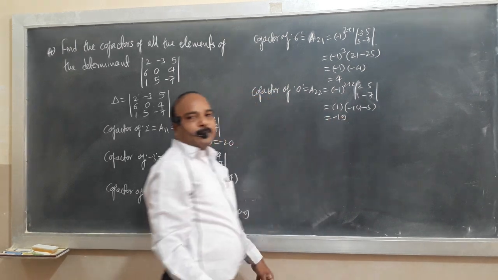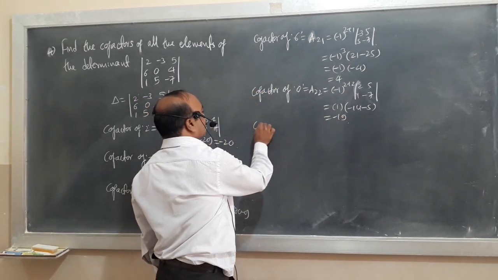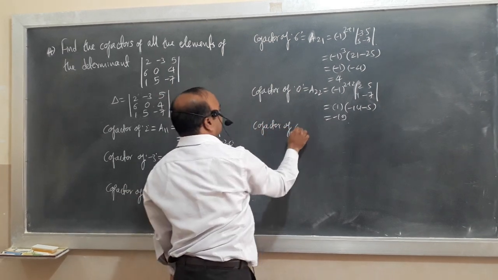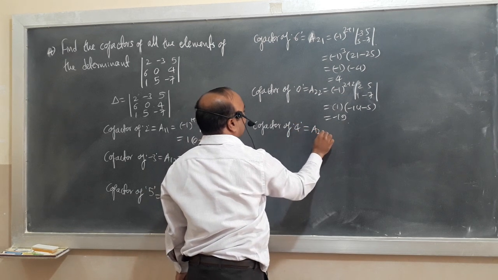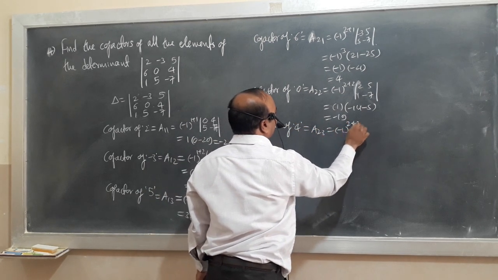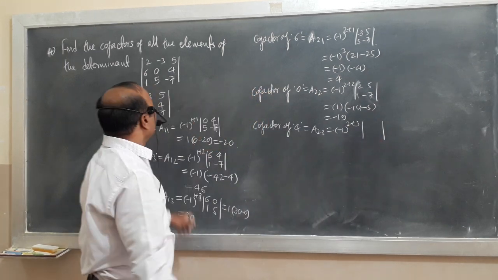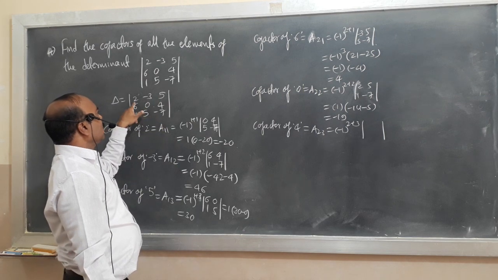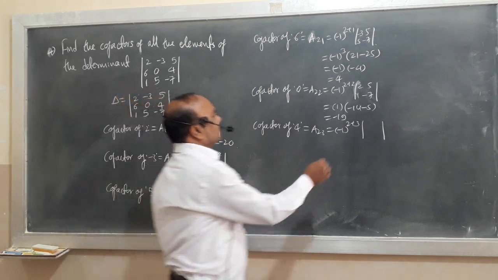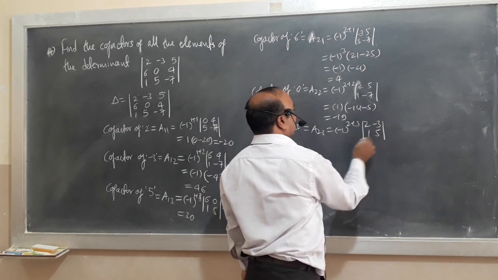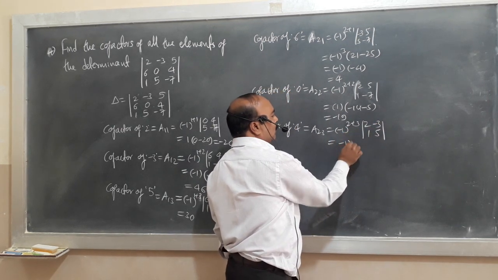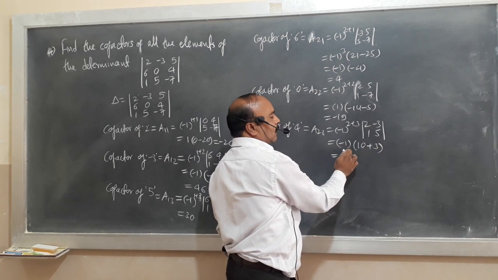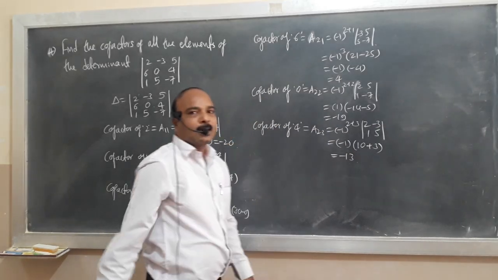Next, the cofactor of element 4. It is a23. It is (-1) power 2+3 into the minor. The minor of this element, deleting this row and this column, we get 2, -3; 1, 5. So it is (-1) power 5, which is -1, into (10 + 3). -1 into 13 is -13.